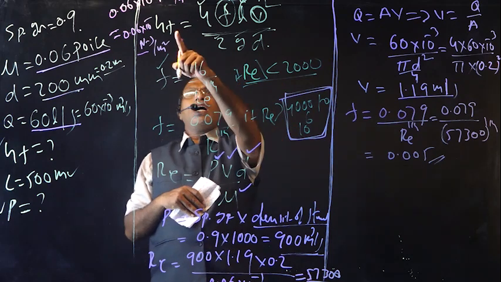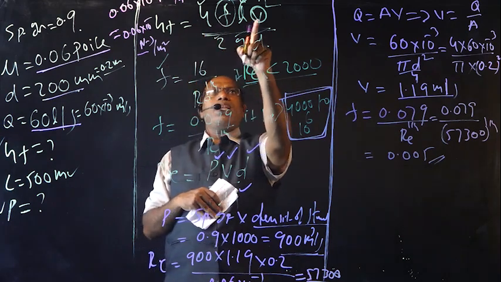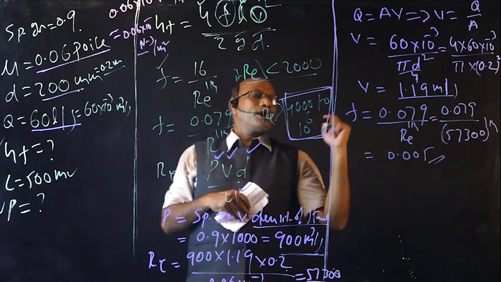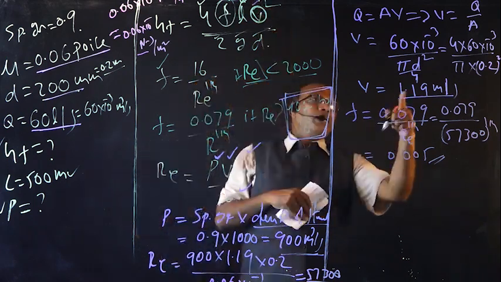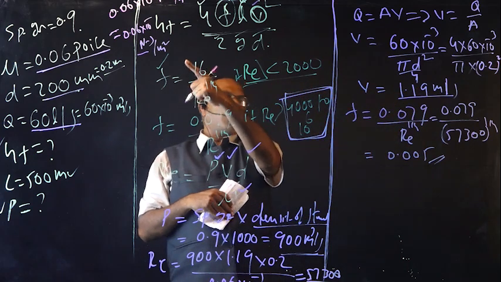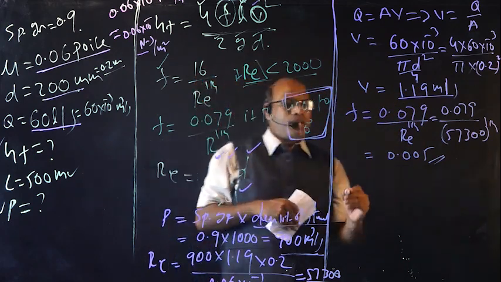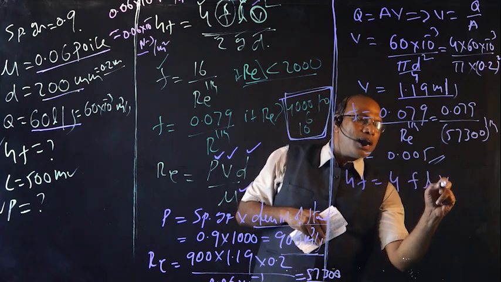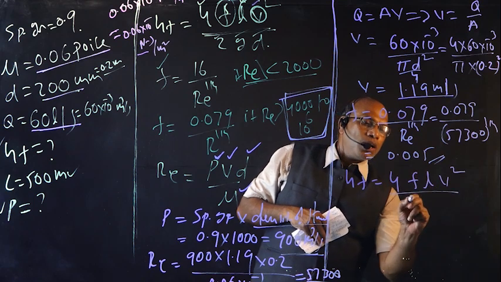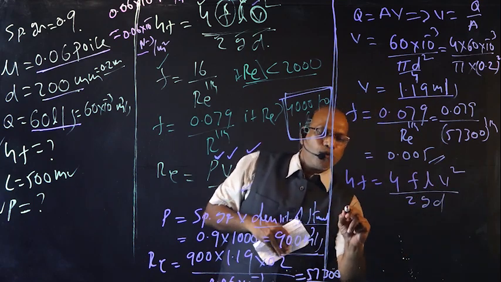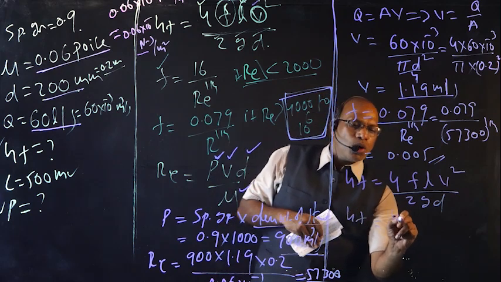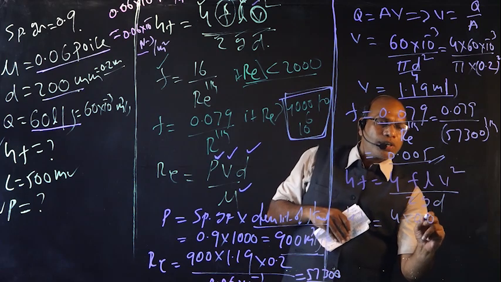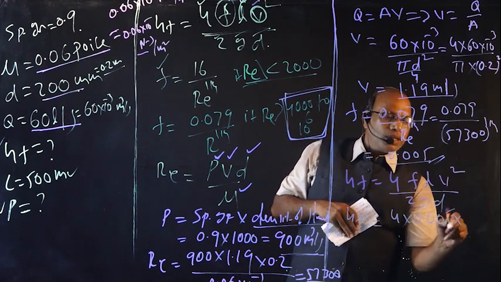In the standard formula, hf is equal to 4 f L V square by 2 g D. f is determined here. Velocity is also determined here. Now we are going to substitute the values in the standard equation. What is the standard formula? hf is equal to 4 f L V square by 2 g D. Therefore, hf is equal to 4 into the coefficient of friction, 0.005, into the length.